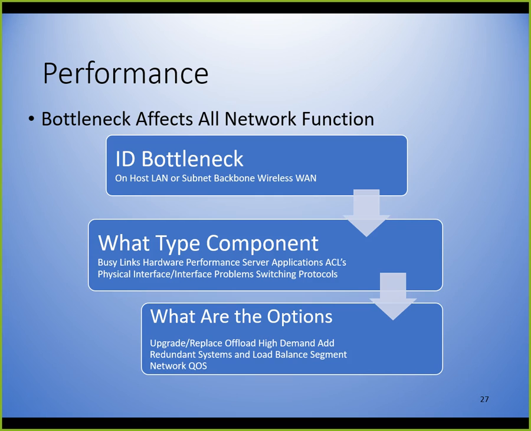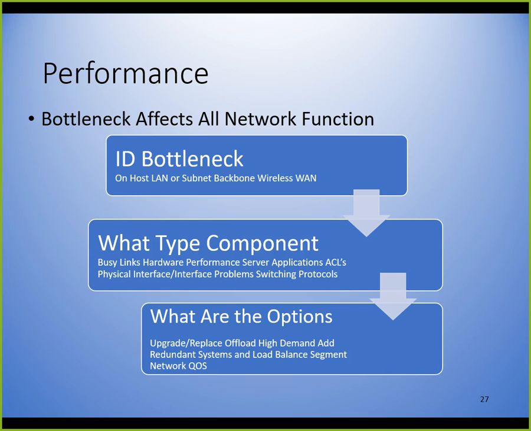Bottlenecks. So, bottlenecks that affect network performance. And these are kind of like, okay, I didn't need you to tell me that. ID the bottleneck. Is it on a host, LAN, subnet, backbone, wireless, WAN? Where is the bottleneck? Where do we think it is?